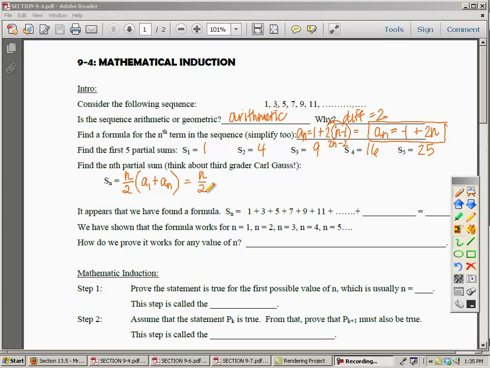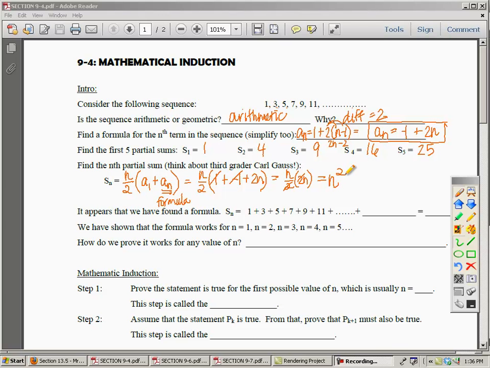I take n over 2, and I times it by the first term, which is 1, plus the nth term formula that we gave you, negative 1 plus 2n. Okay, so I'm going to simplify. Negative 1 and a positive 1 cancel. So I have n over 2 times 2n. And if you look, the 2's cancel out, so I'm left with n squared.